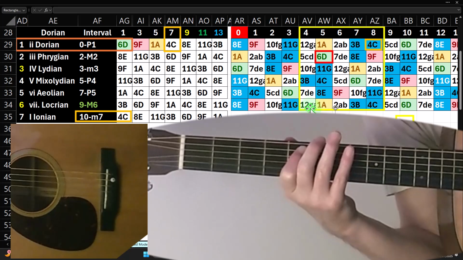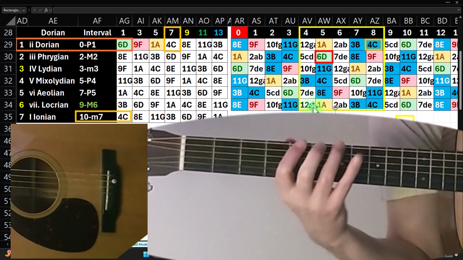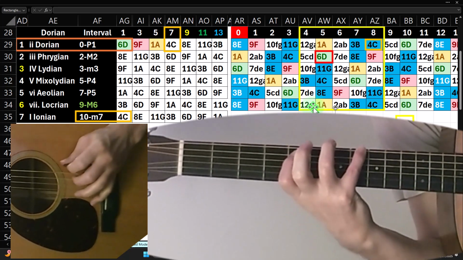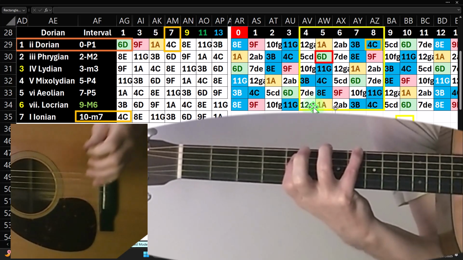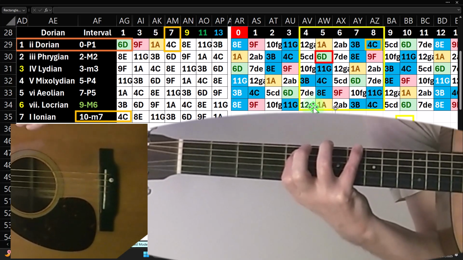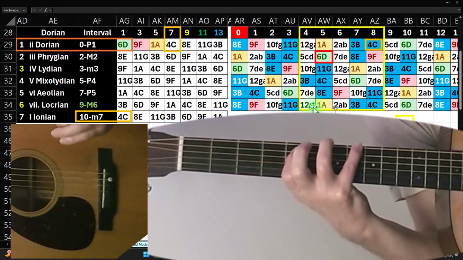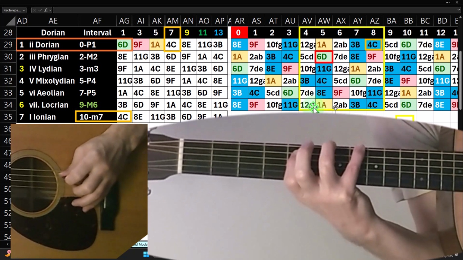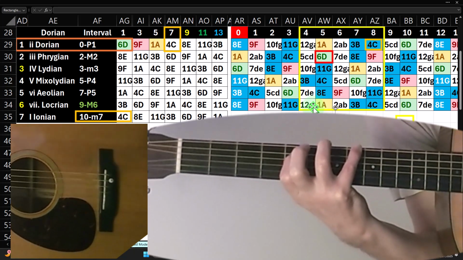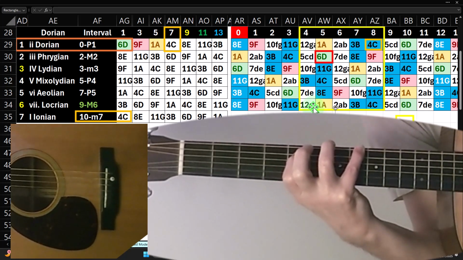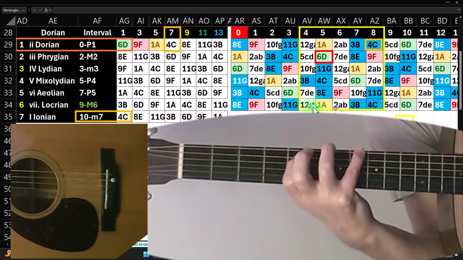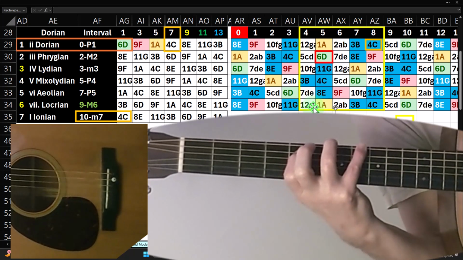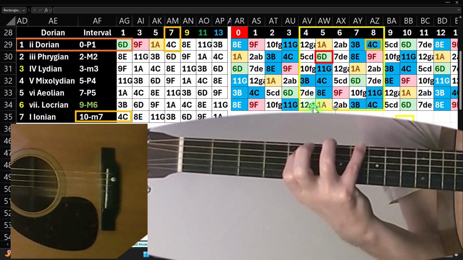Therefore, let's count it over here too, negative 5, 4, 3, 2. So if I went from this C down to the D, that would be a 2-note away major second. If I go from the D up to the C, therefore, that would be a 10-note away minor 7.